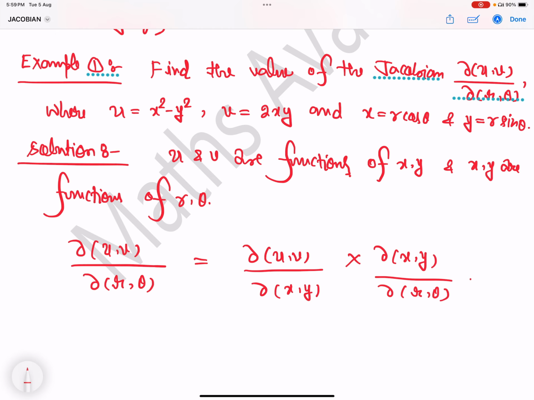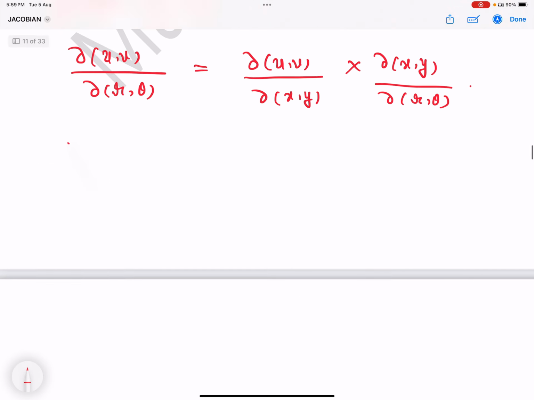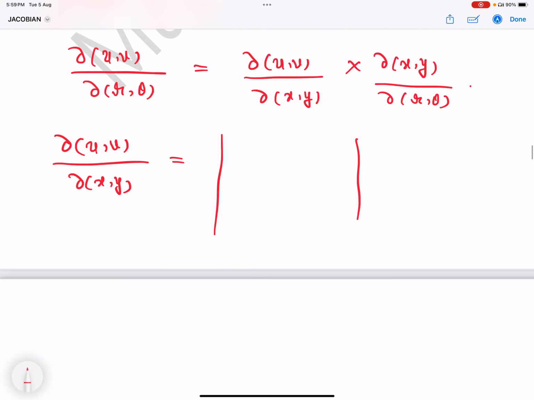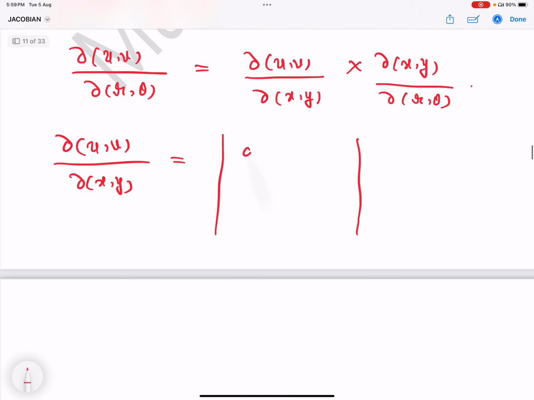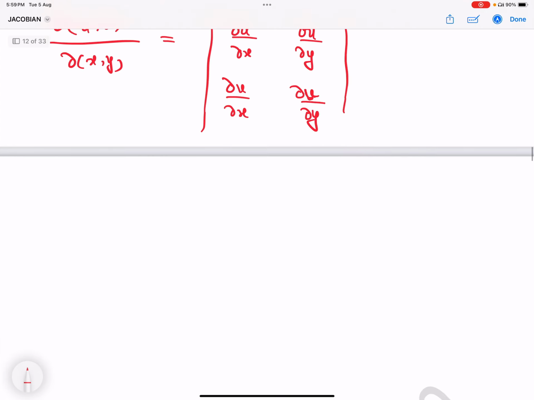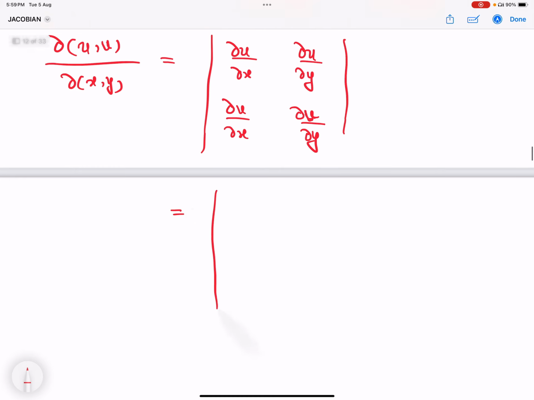Okay. We apply this formula. So what is ∂(u,v)/∂(x,y)? ∂u/∂x, ∂u/∂y, ∂v/∂x, ∂v/∂y. So ∂u/∂x, what is that?